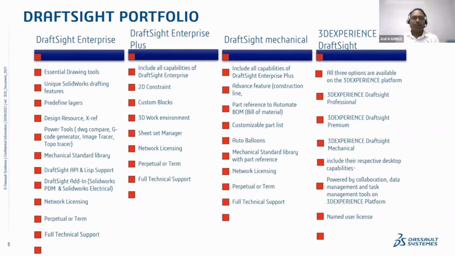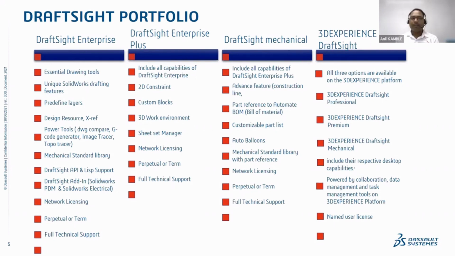But for now, take DraftSight Enterprise Plus. If you want to compare it, you can compare it to AutoCAD LT, but it's more than that. DraftSight Enterprise includes all the essential drawing tools that are needed to create and modify drawings. Over and above, it includes unique SolidWorks drafting features like mouse gestures, heads-up tool, and the dimension palette.